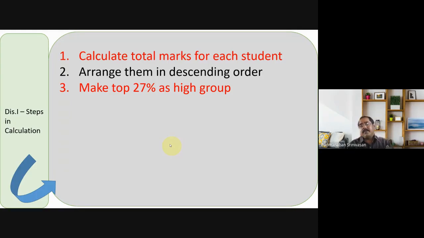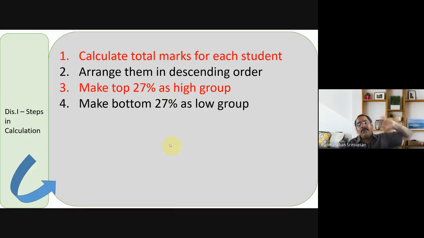The top 27% is the high group. The bottom 27% is the low group. For analysis, only the high group and only the low group should be taken. The middle group is left as it is, with no analysis as far as discrimination index is concerned. Top 27 and bottom 27, high group and low group.